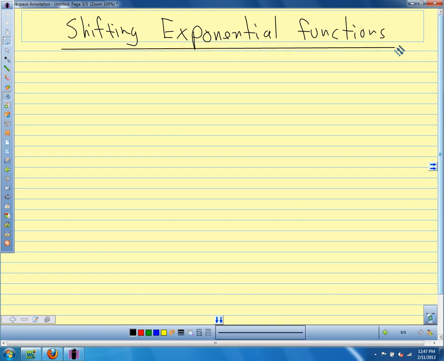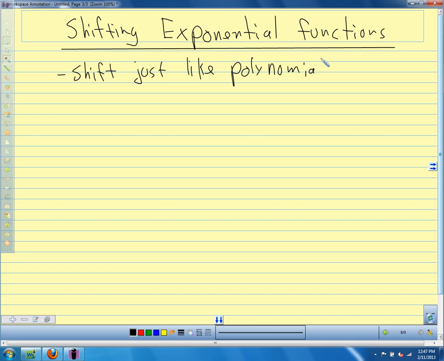Exponential functions shift just like polynomial functions. The rules are exactly the same. So we're not using any different rules for shifting our exponential functions.